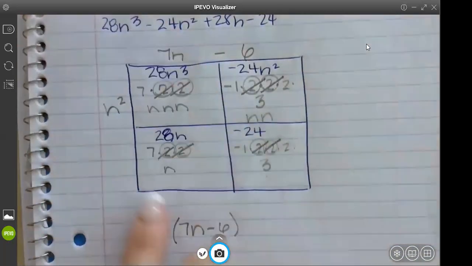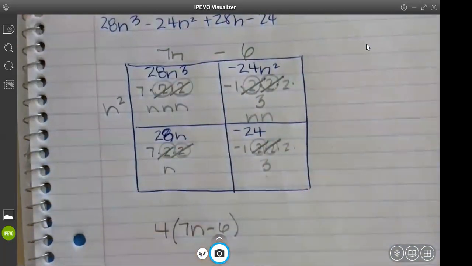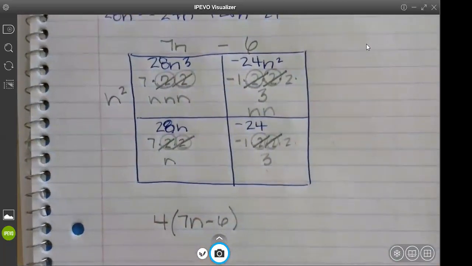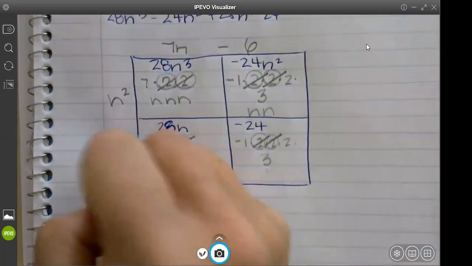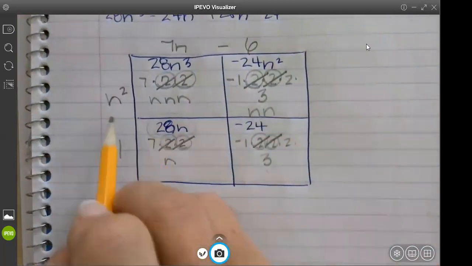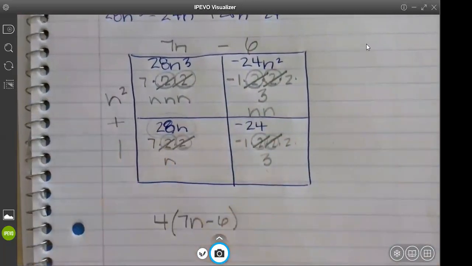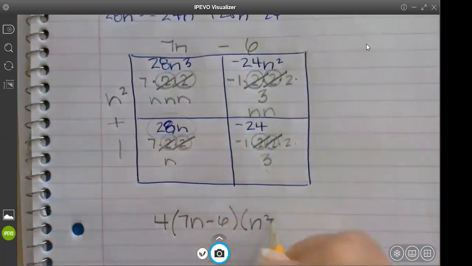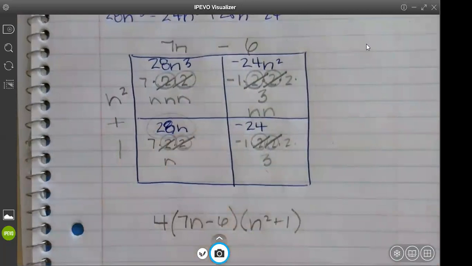So n squared. On the bottom? Nothing. So we put a 1. Is it positive or negative? Look at it. It's positive because this box is positive. There's no negative coming out of any of this. So your second factor is n squared plus 1. That's it. That's the box.